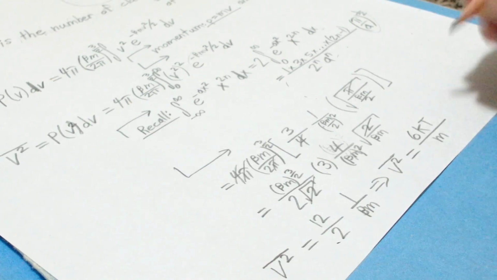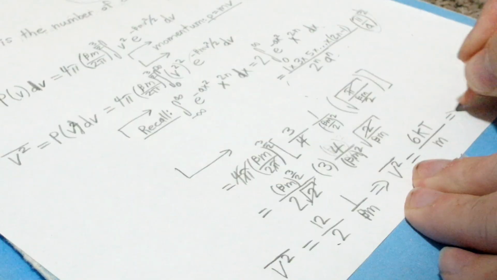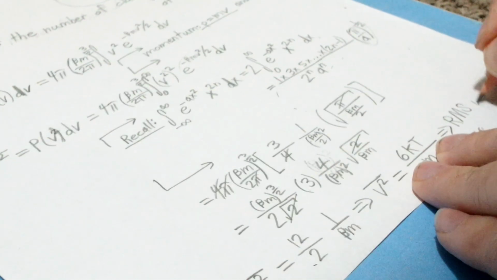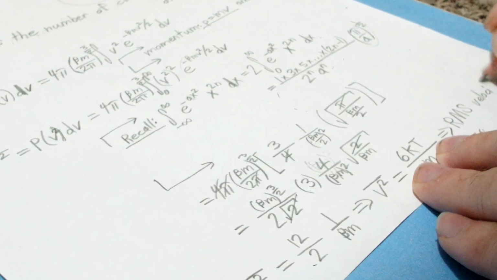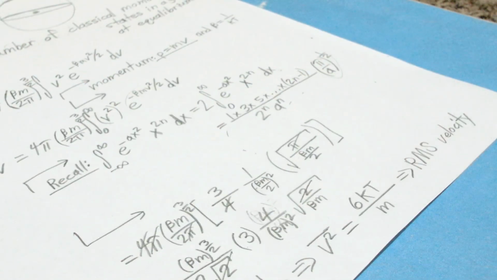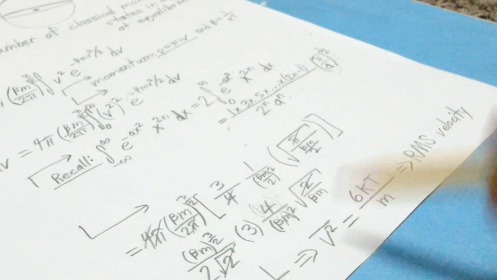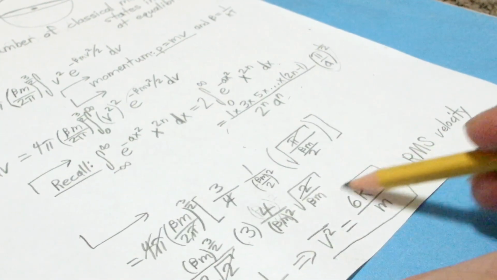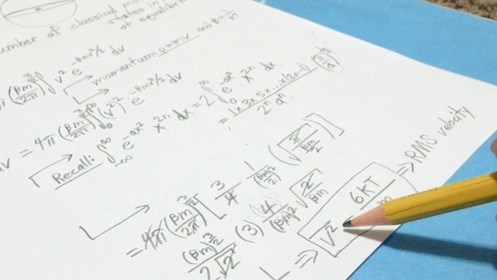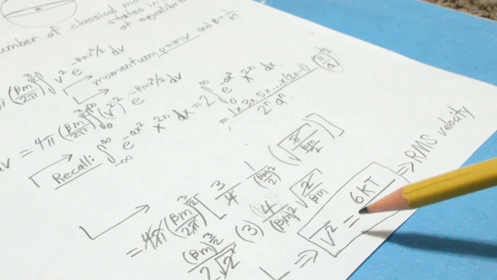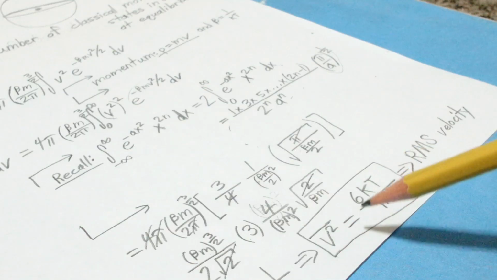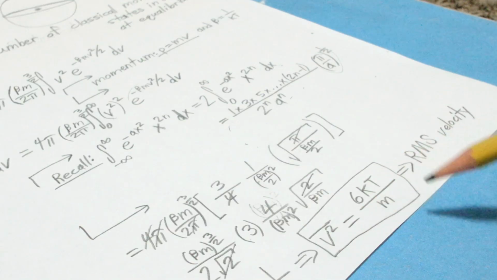And this is the RMS for velocity of the particle. This here will be the average velocity squared, 6 kT over m.